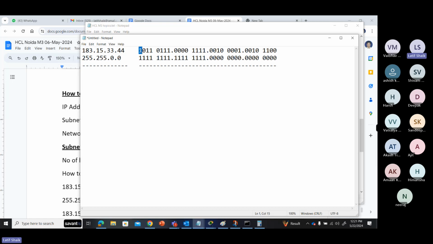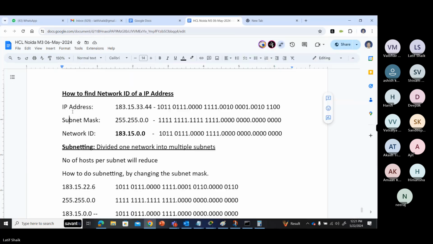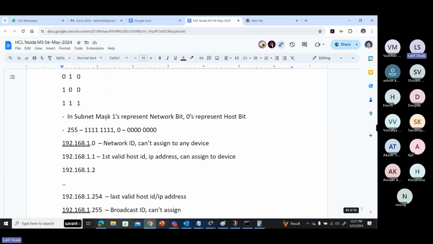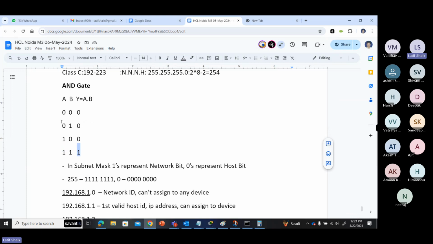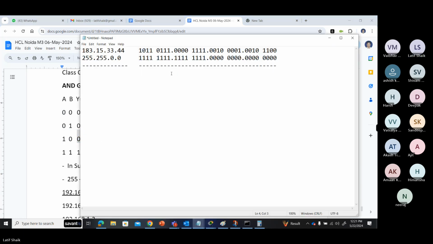So can you see this one and this one? 1 and 1. Here in the table, if both are ones, output is 1. If anything is 0, output is 0 only. So I get 0, 1, 0, 1, 1, 1, 1.